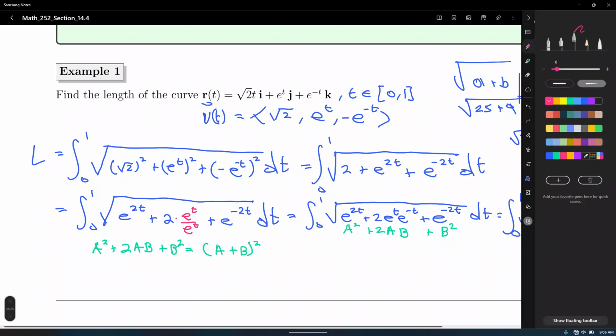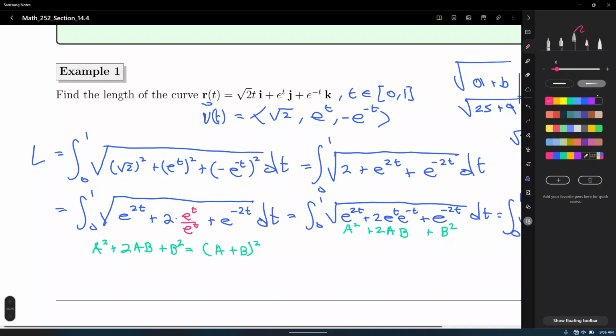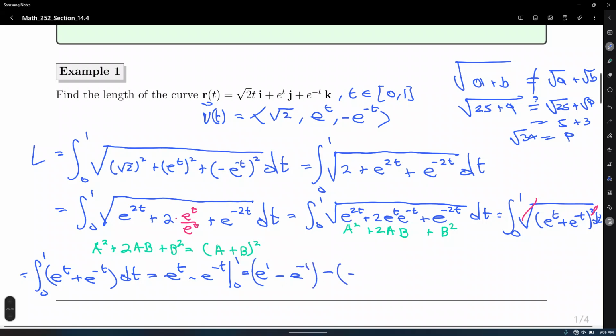And here is where we can cancel the radical with the power 2. We would be integrating from 0 to 1 e to the t plus e to the negative t dt. That is e to the t minus e to the negative t from 0 to 1: e to the 1 minus e to the negative 1, that's the upper limit, minus the lower limit, e to the 0 minus e to the negative 0.